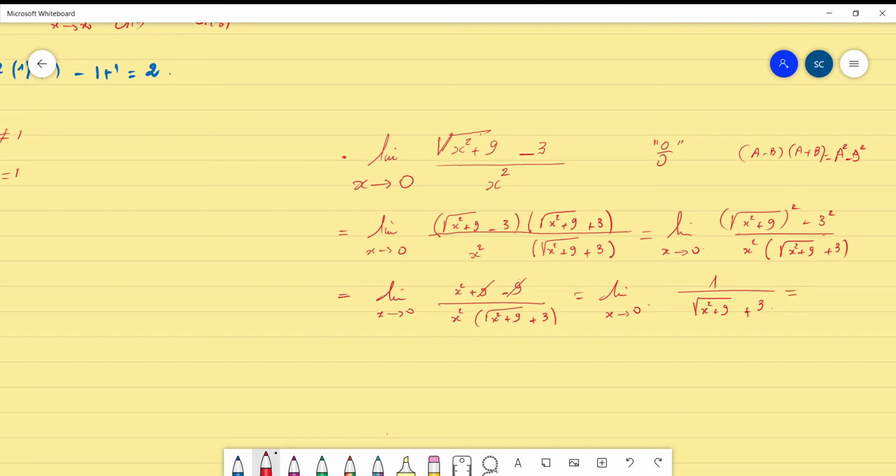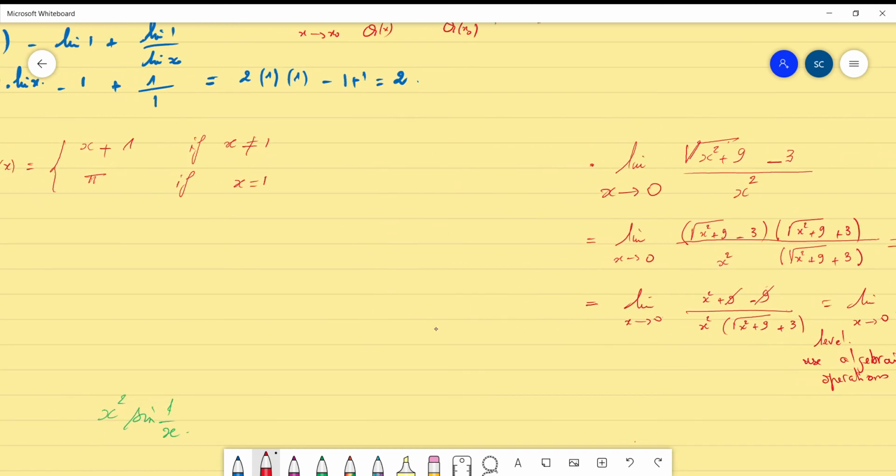The limit exists, so at this level you can use the algebraic operations, and you will get 1 over... when you substitute 0 here, you have square root of 9, which is 3, plus 3 will be 6. So we could use it at this level.